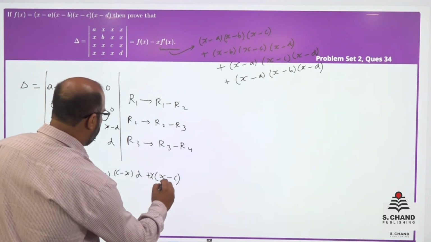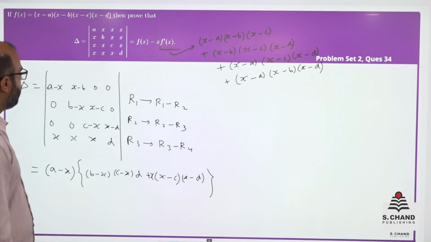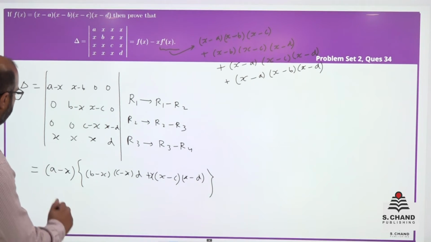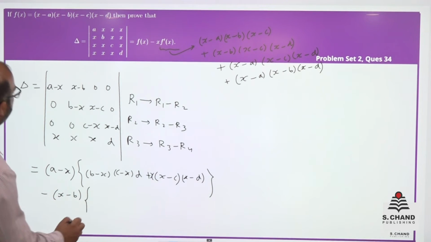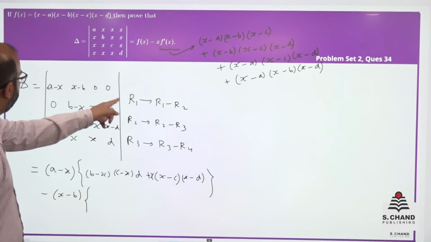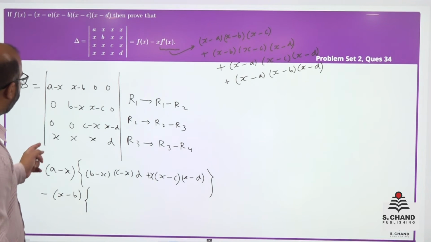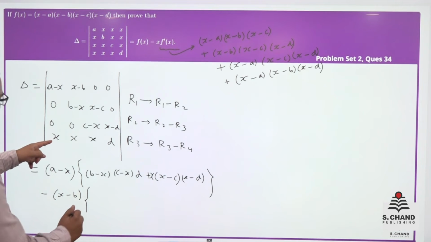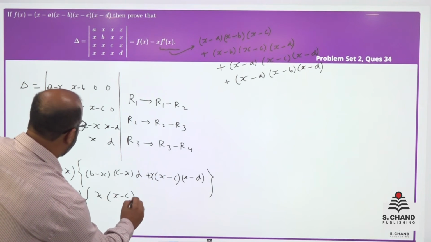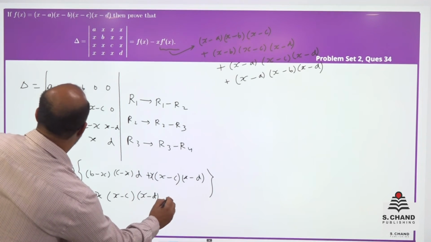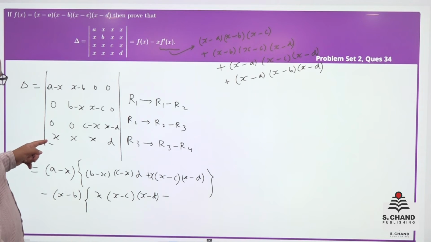So x into x minus d, like this. Next is x minus b, so minus x minus b, and this is eliminated. Then this 3 will form the 3 order determinant. About x, it will be x minus c, x minus d, minus x.